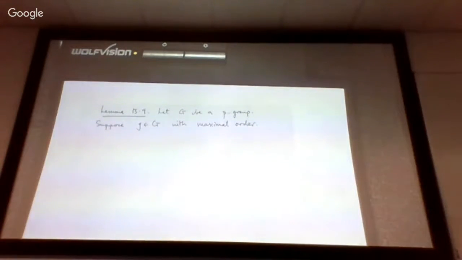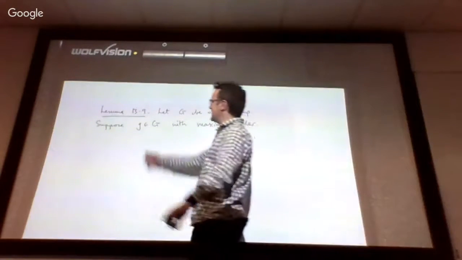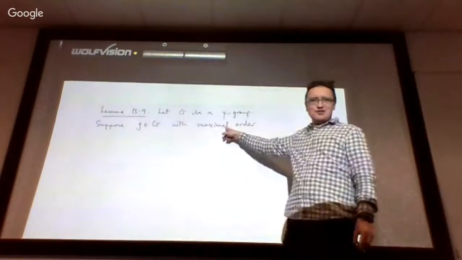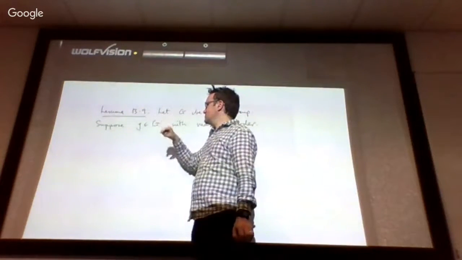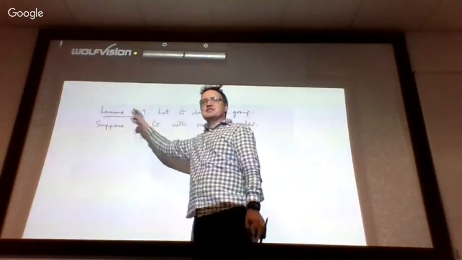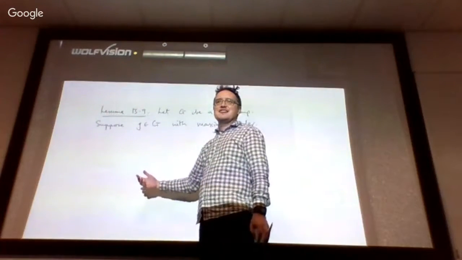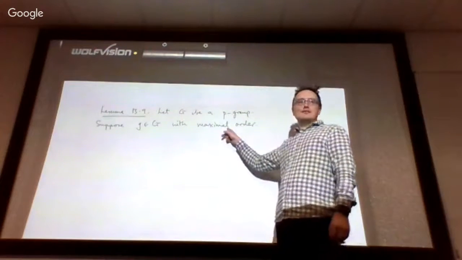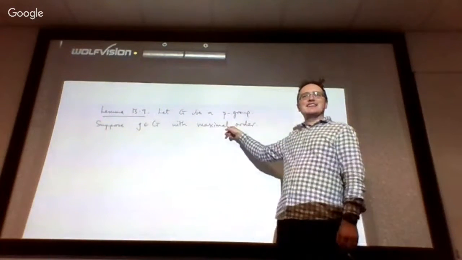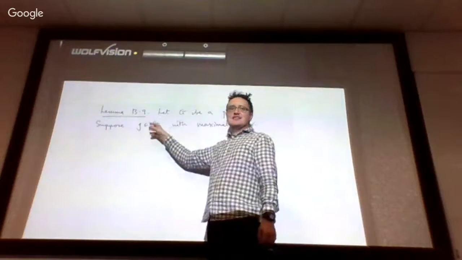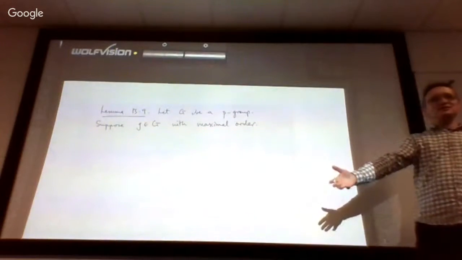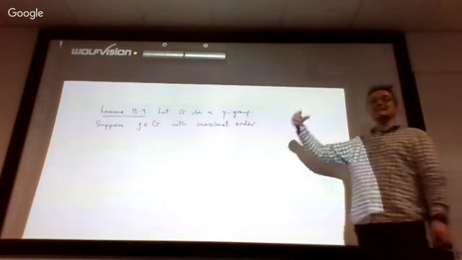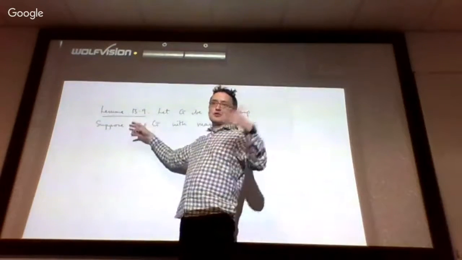There's a subtle difference here, but we don't say it has maximum order. If we said little g has maximum order, that would mean that of all the elements in capital G, this one is bigger than all the other ones. Saying something has maximal order means that there might be a load of elements all with the same order, which is maximal over all the other elements of the group. There might be many candidates to choose from, say all of order 25.